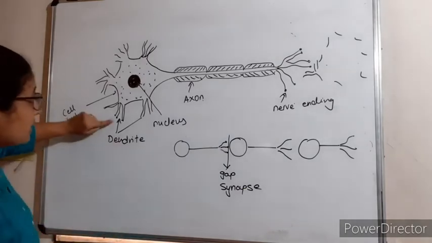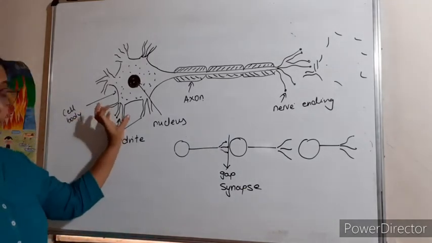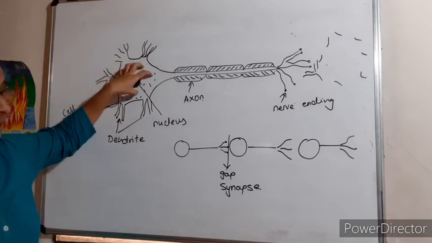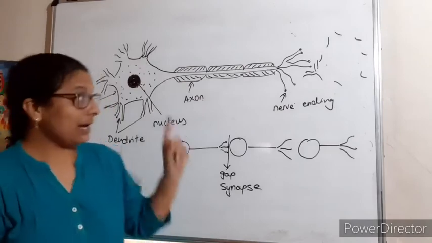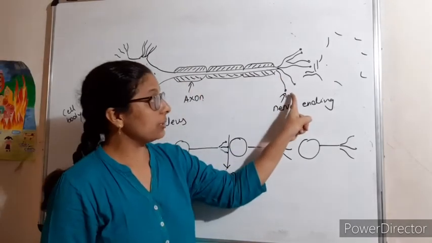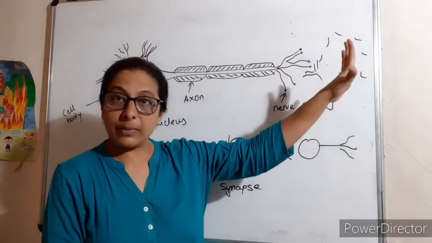So whenever this dendrite ends acquire the information, it pass on to this body, to the axon in the form of chemical impulse. That chemical impulse passes to the nerve end. At this end it releases some chemicals.